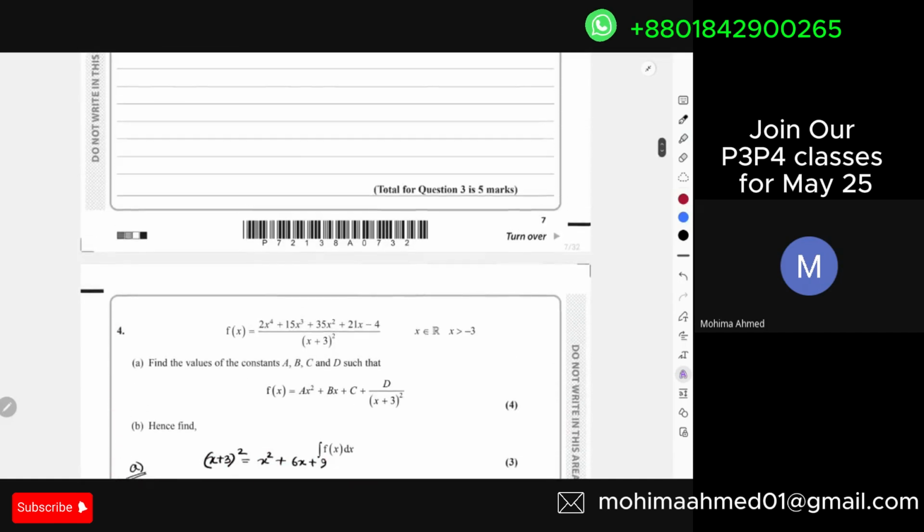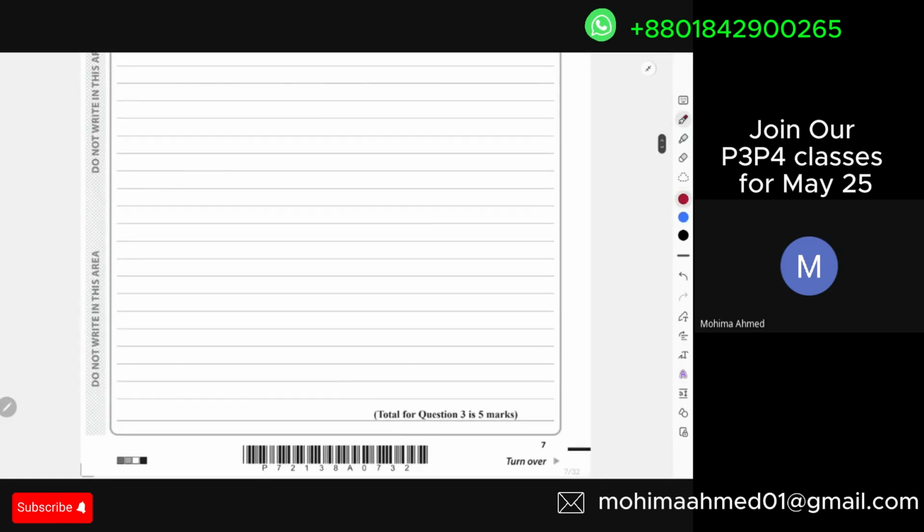If you do long division, the process is supposed to look like this. x power 4 plus 15x power 3, then 35x squared, then 21x minus 4. This will be divided by, I cannot divide with just x plus 3. I have to divide this with x squared plus 6x plus 9.